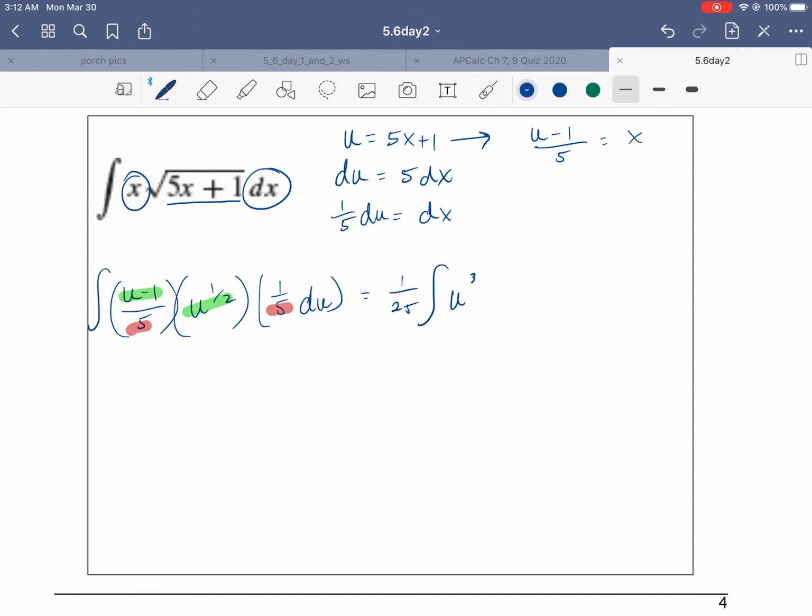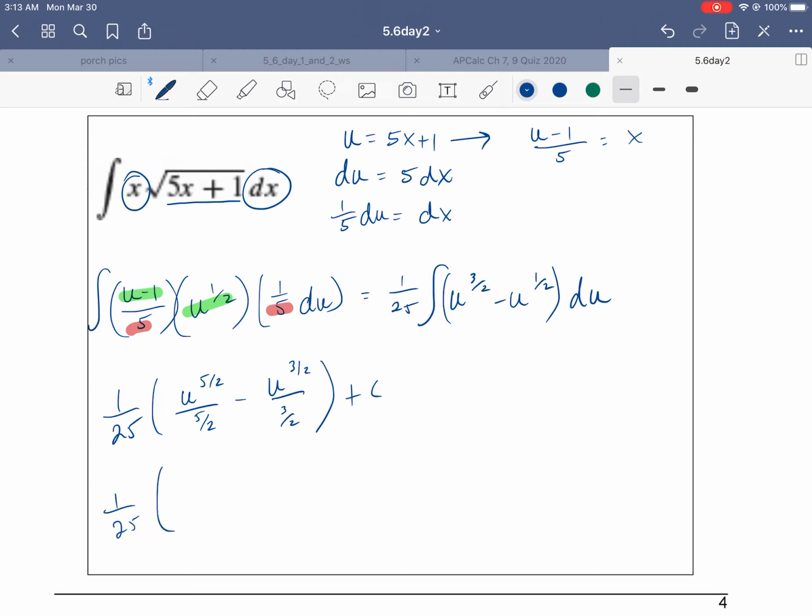And if I distribute the u to the 1/2 to the u minus 1, I get u to the 3/2 minus u to the 1/2 du. Reverse power rule. And replace your u.